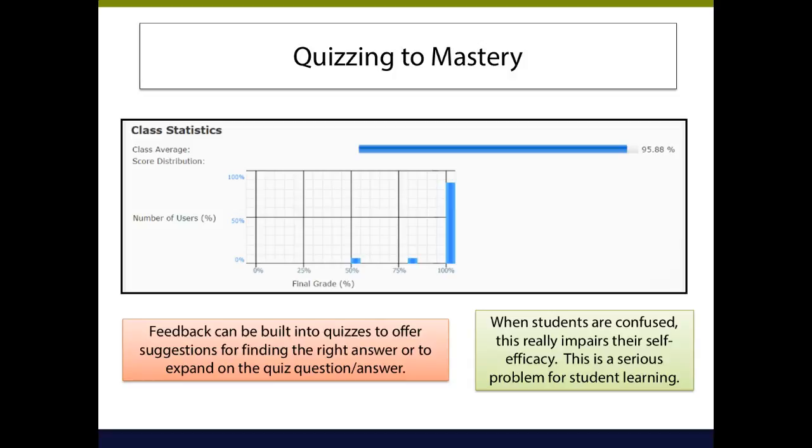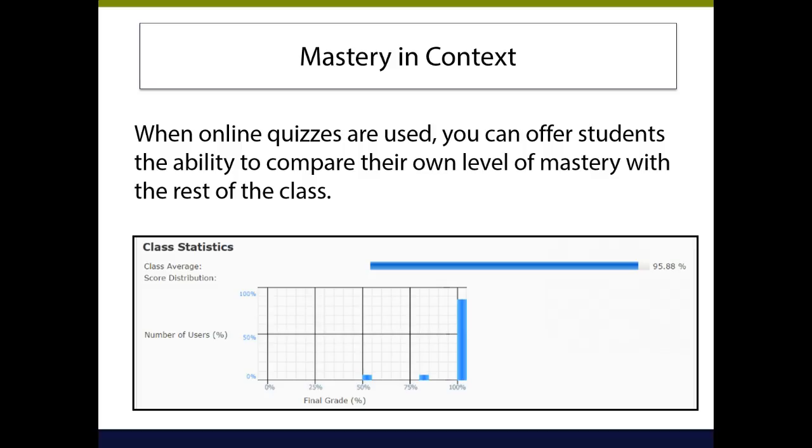I think this really helps students with self-efficacy, and it also allows me to tell them that what I'm really interested in is not one quiz score, but them learning the material. So I can't speak highly enough about quizzing to mastery. This has been a tremendously positive change in my own online classes.